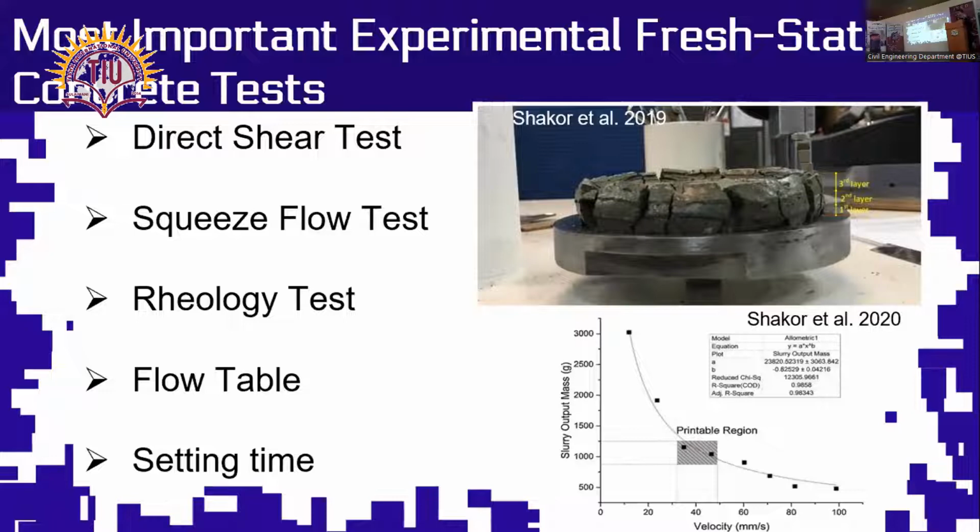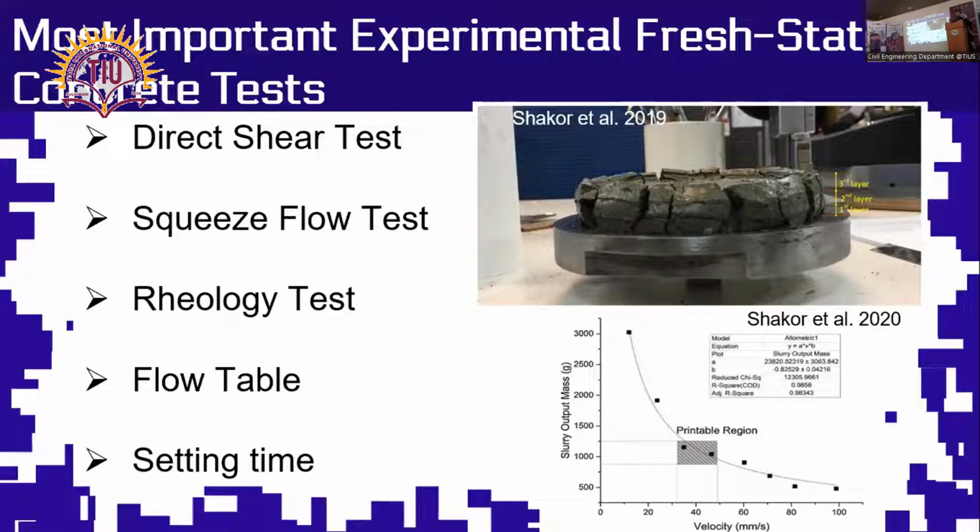Usually we have a zero slump in 3D printing. Setting time as well, we should consider because we are dealing with the accelerator. And for 3D printing, we should always consider that we have a window, in other words, one time frame in which we can print.